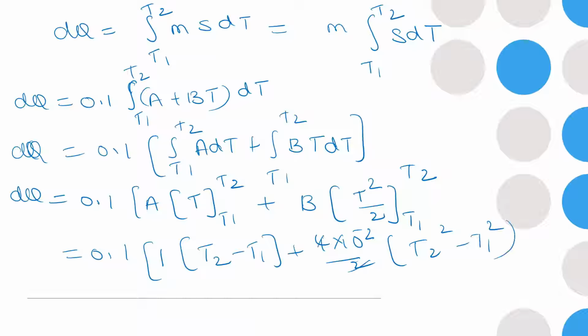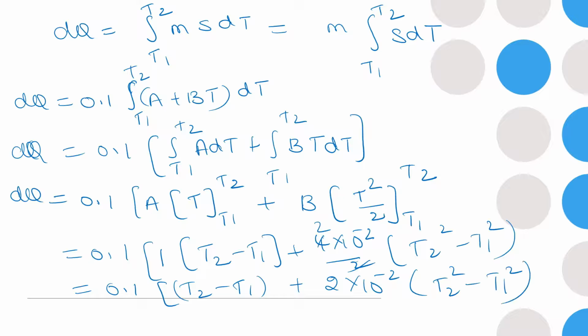So this is equal to 0.1 of T2 minus T1 plus 2 into 10 to the power of minus 2 of T2 squared minus T1 squared.